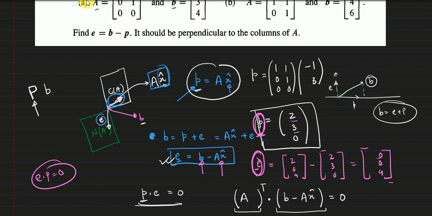So what matrix will project b into the column space and the left null space? Let's not talk about this.